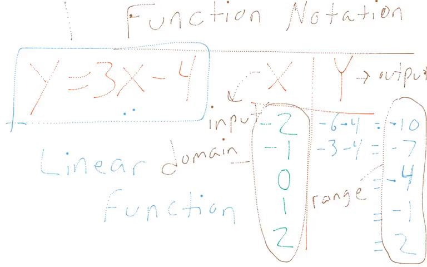So this linear function here, you should hopefully understand how I got the table I got. So let's look at that in a slightly different way. Instead of saying y equals 3x minus 4, I'm going to erase y and put this symbol there.